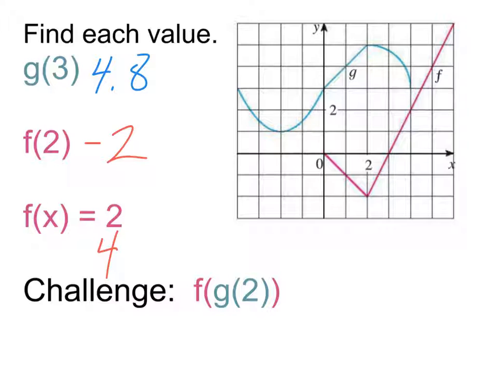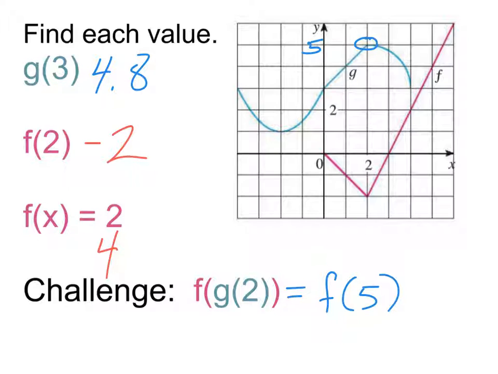And it follows normal order of operations. So basically, in order to figure this out, you do the stuff inside of the parentheses first. So we start by figuring out what is g of 2. Okay, so I'm going to go over to x equals 2, and I'm going to see what the value of g is. So we go up here, and notice that that is up at 5. So g of 2 equals 5. Therefore, this equals f of 5.